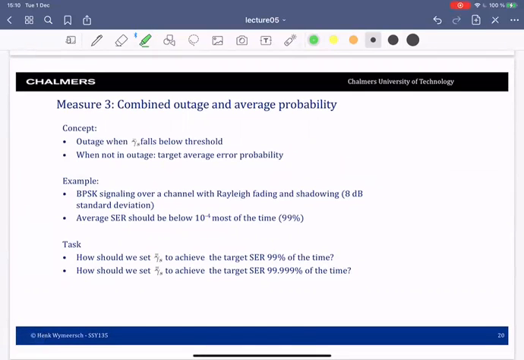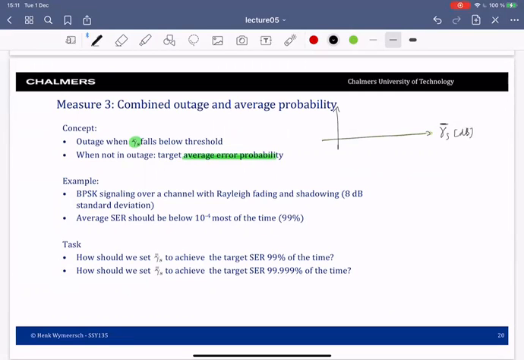Finally, you can also combine the randomness of shadow fading and multipath fading, which is done in this slide. So let's suppose that you really care about average error probability, so you have some fast fading channel, but you only account for this when the SNR due to path loss and shadowing is high enough. So basically you have gamma bar S in dB.